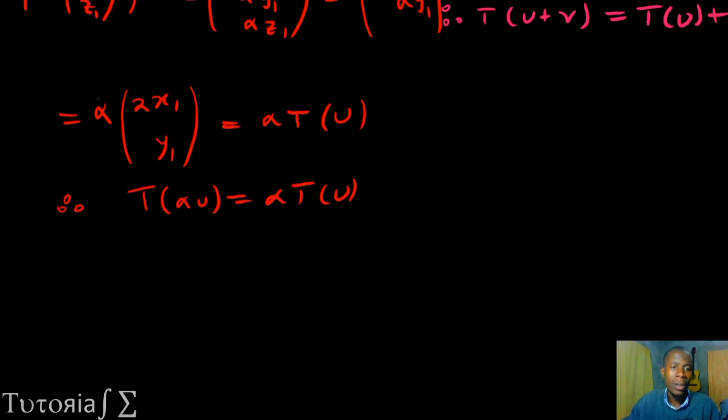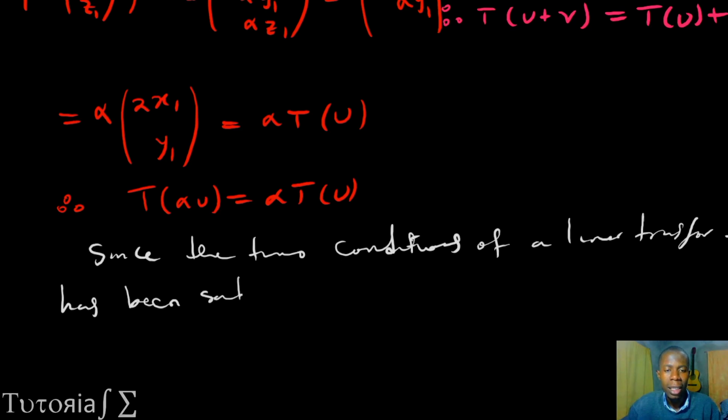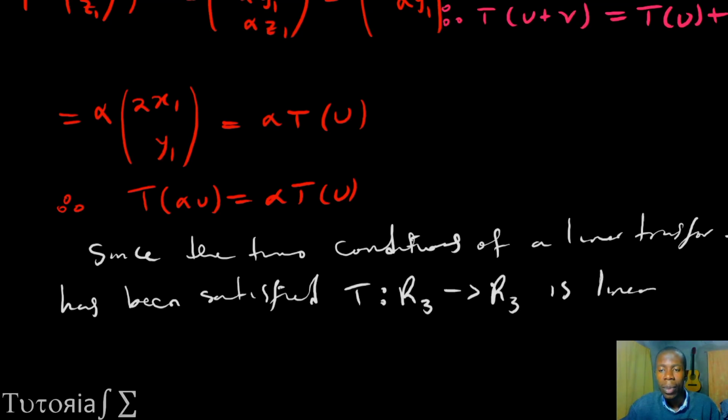You say since the two conditions of a linear transformation have been satisfied, T that transforms vectors in R3 to R2 is linear, the linear transformation, right? So that is basically how you approach such a question.